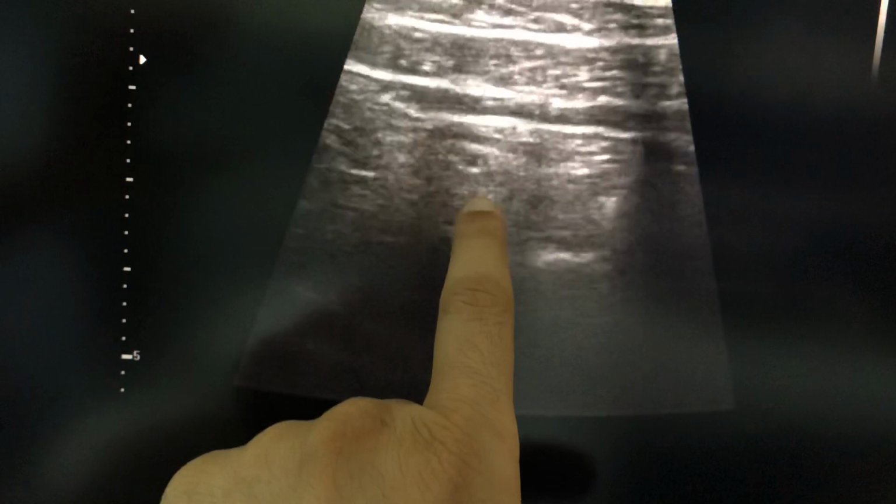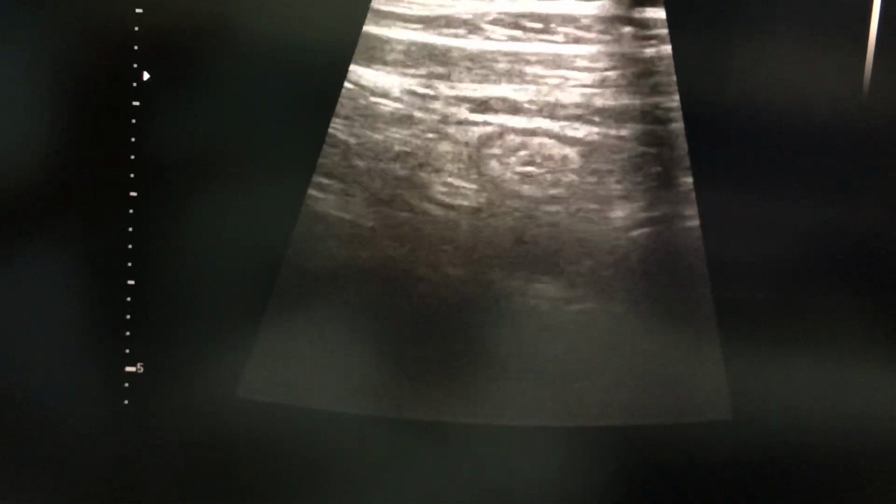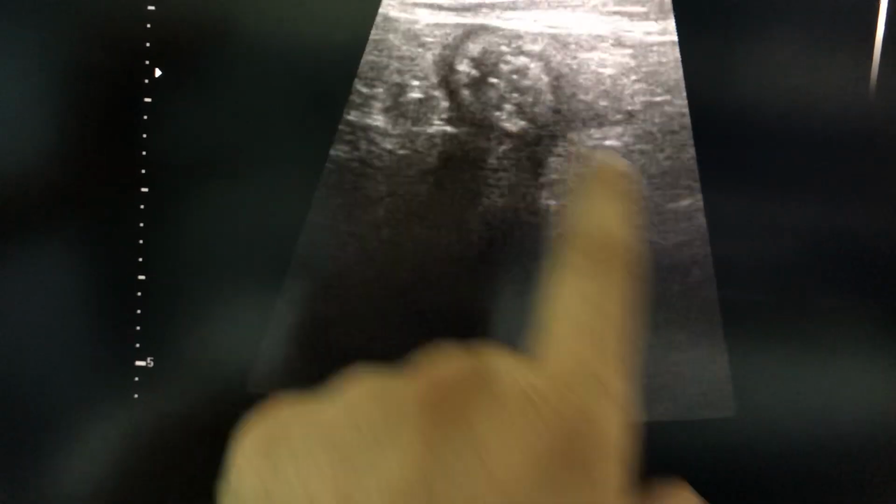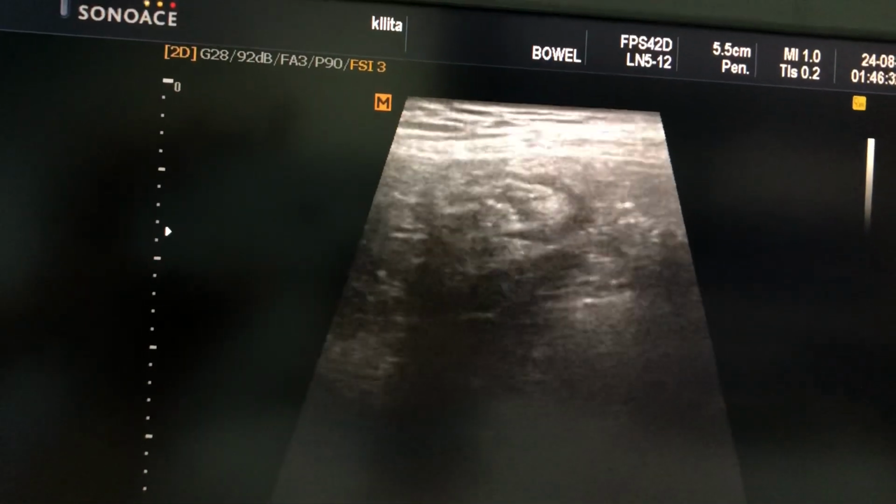Once again, looking at the descending colon, tracing from the splenic flexure to the sigmoid colon.